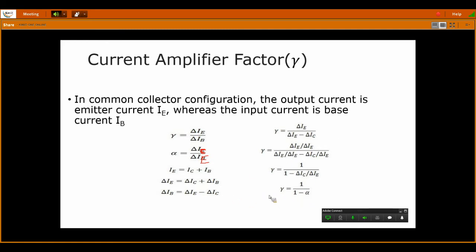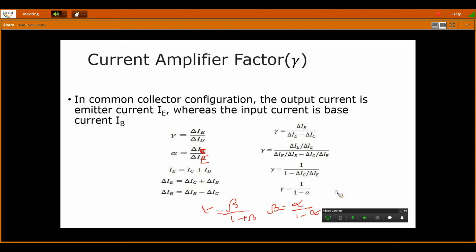So 1 by 1 minus alpha is equal to gamma. Alpha is equal to beta divided by 1 plus beta, and beta is equal to alpha divided by 1 minus alpha.